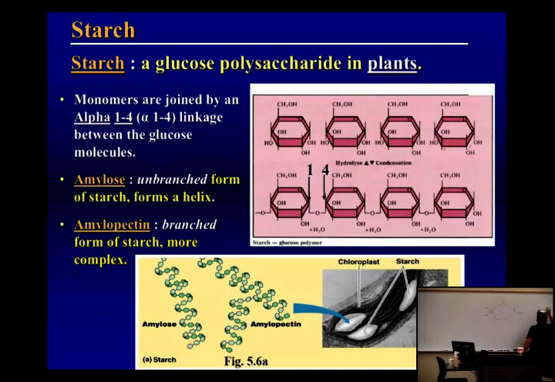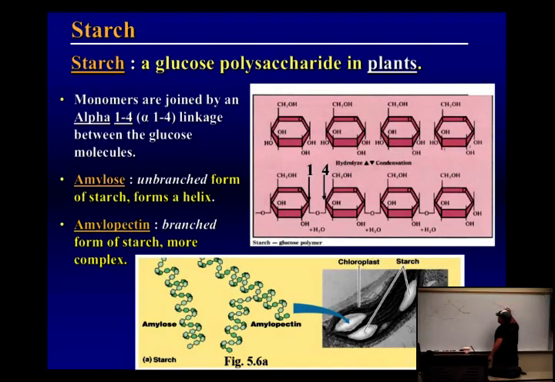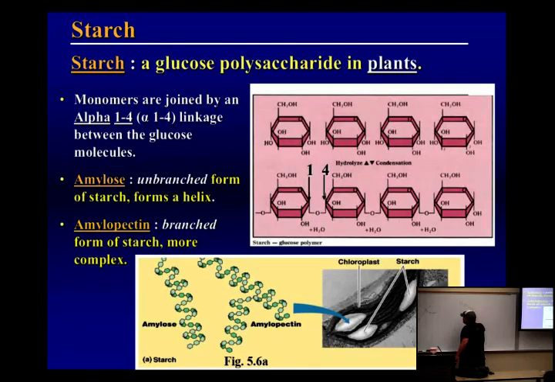Here's the question. Are those the same?